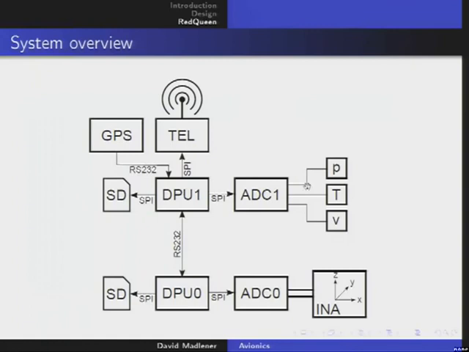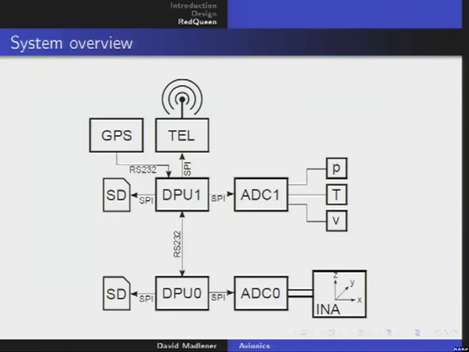So this is mainly the lower part, this part here. We have here the DPU 0, and then an analog digital converter, ADC 0, and then we have here the INS, the inertial navigation subsystem.